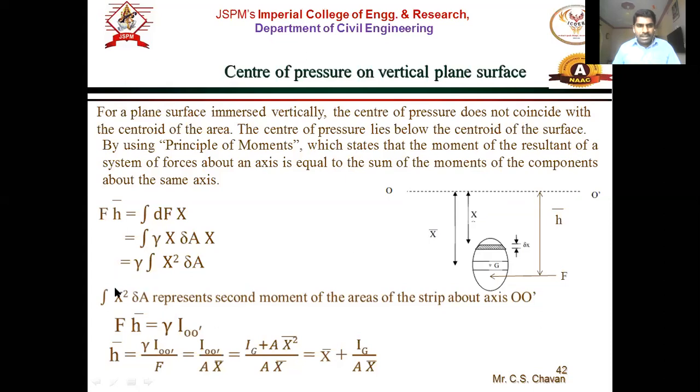So F into h bar is equal to gamma, which remains the same as it is constant, and the integration x square dA is now the moment of inertia about the O dash axis.